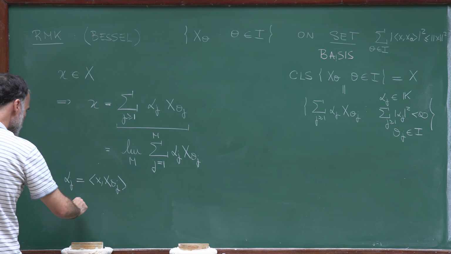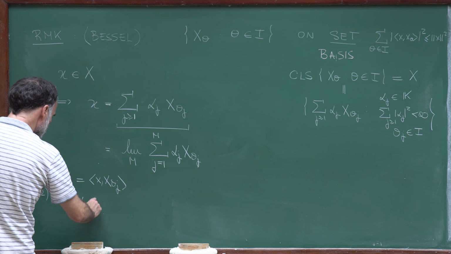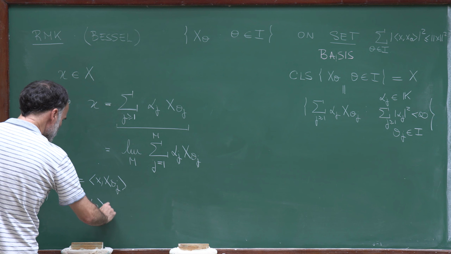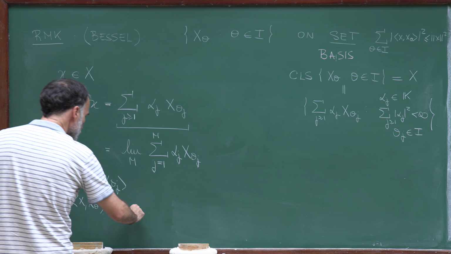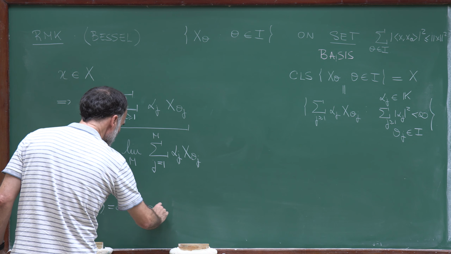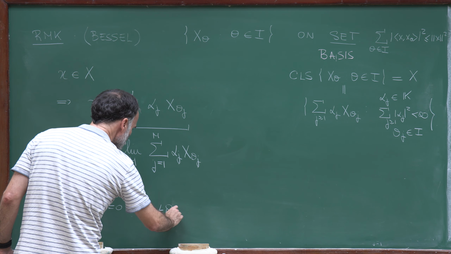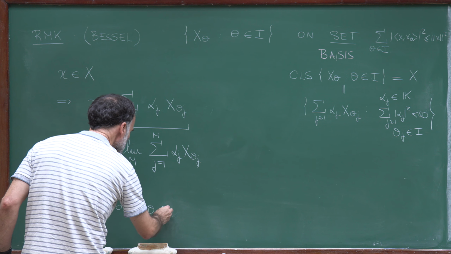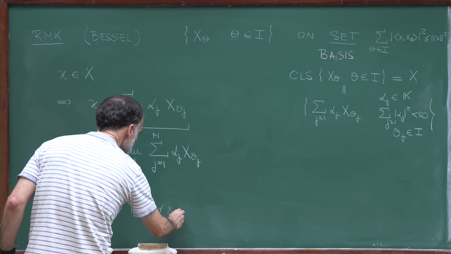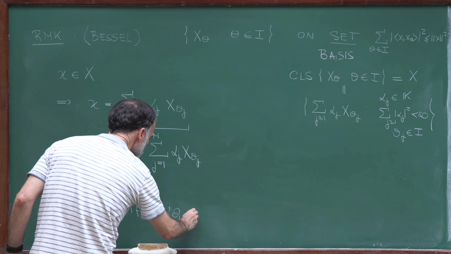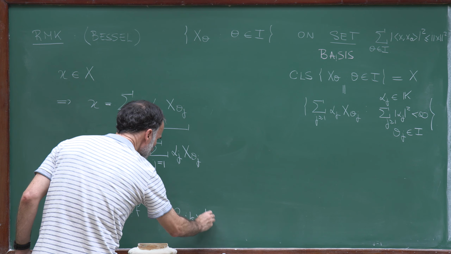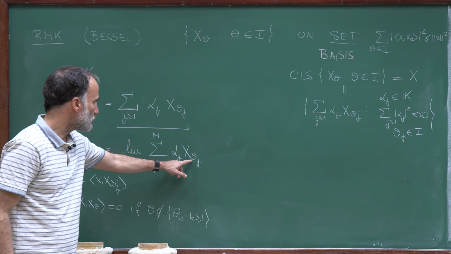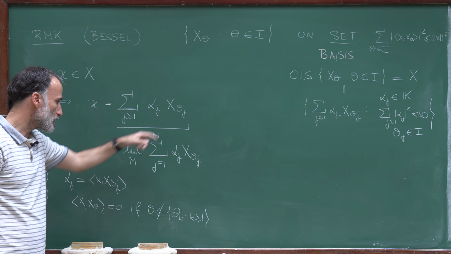The second is that the scalar product of x and x_theta is equal to 0 if theta is different from theta_k, so if theta doesn't belong to this set of theta_k, the set which appears here in this sum.